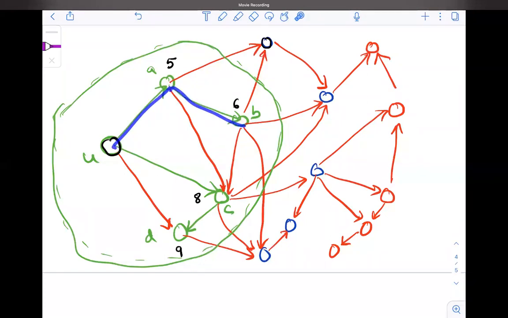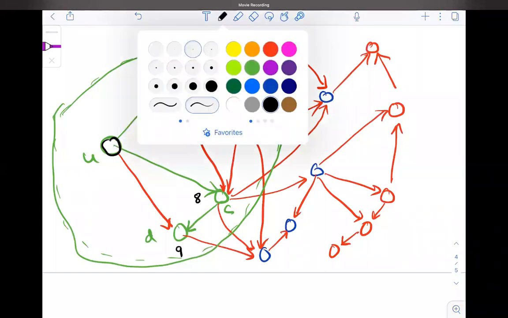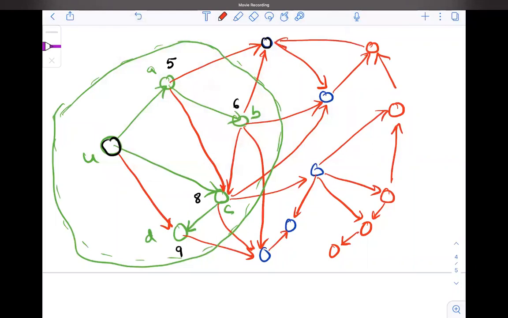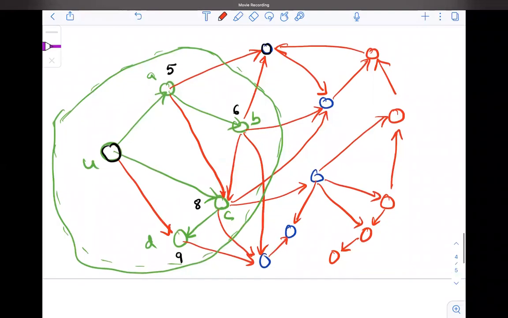I can take A, B, then go this path, and then maybe this path. So there can be a path like this also. So after all of that, which is the next step for which I can say that it is the minimum distance?